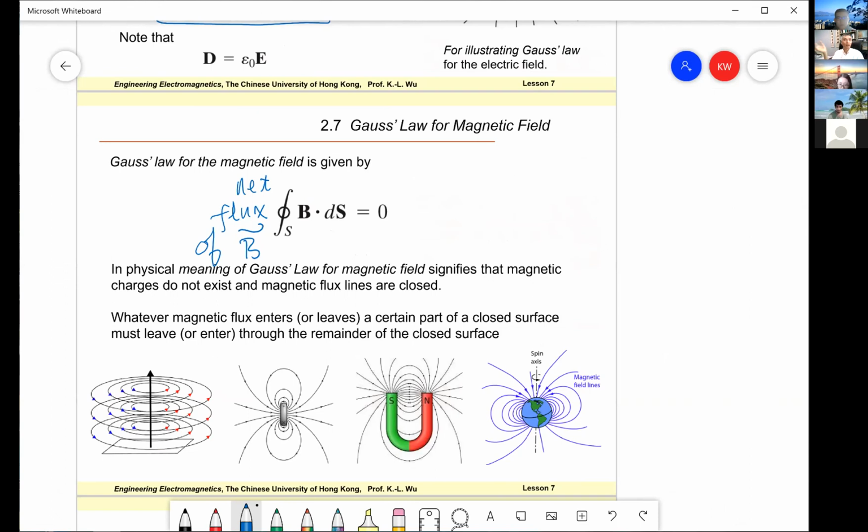What that means? That means there's no magnetic charge exists.